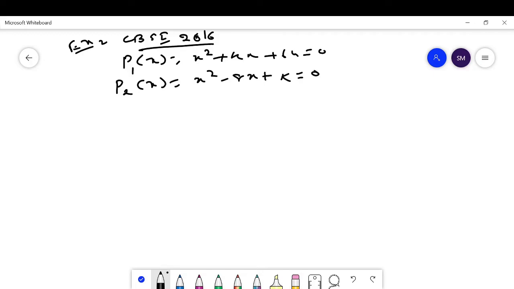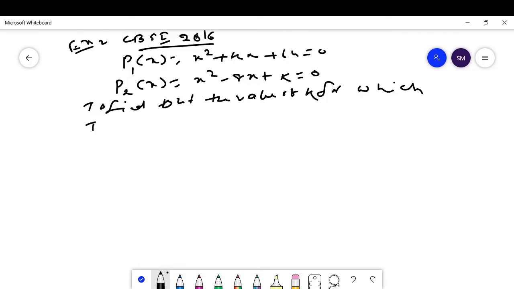Here we have to find the value of k for which the two equations, this is equation 1 and this is equation 2, have real roots.